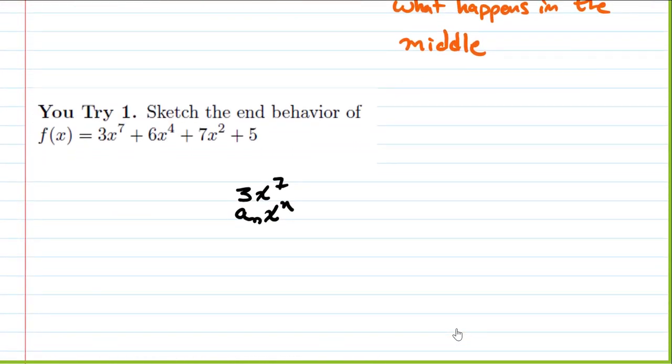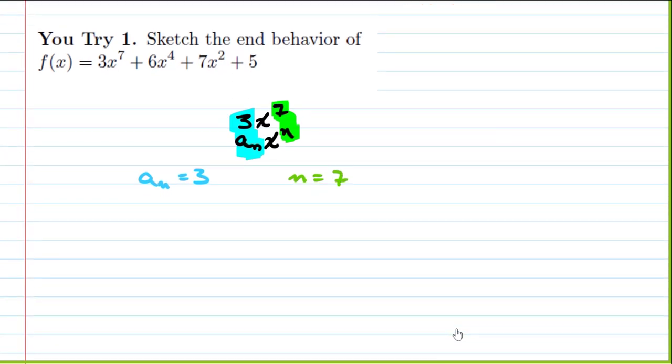So our a sub n is going to be 3, and our n is going to be 7. So n equals 7, that tells us n is going to be odd, and a sub n is 3, so a sub n is greater than 0.